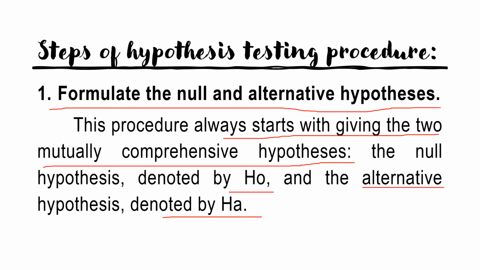Without dealing with the null and alternative first, we cannot identify if it is a one-tailed or two-tailed test, because the type of test statistic will be based on the hypothesis in the first step. That's why it serves as a foundation in the test statistic. So we need to formulate first the null and alternative hypothesis before looking forward to the appropriate test statistic that we can apply for our researches.